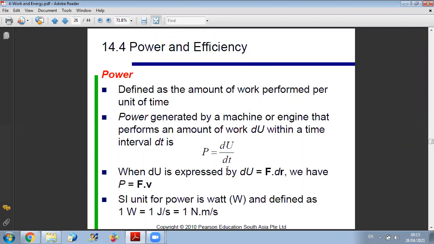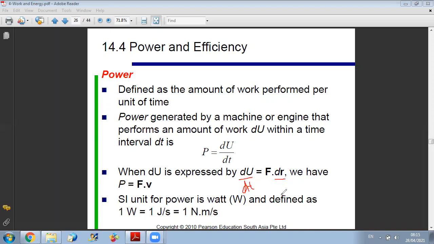Another definition of the power, if we start from the definition of work: the work is F dot product dr, where dr is the displacement and F is the force. Then, if we do dU by dt, we divide the left side by dt and do the same for the second side.